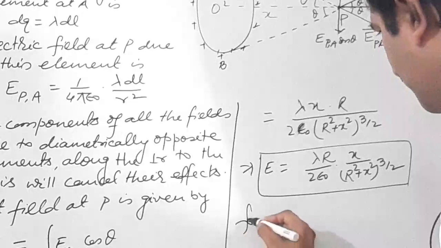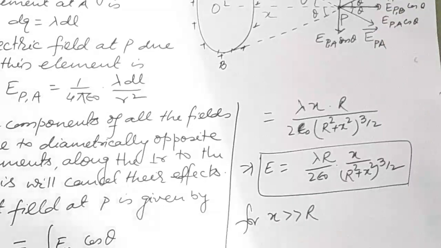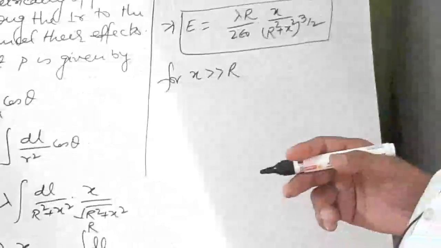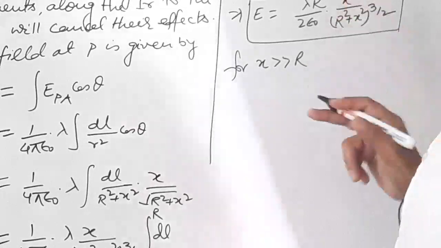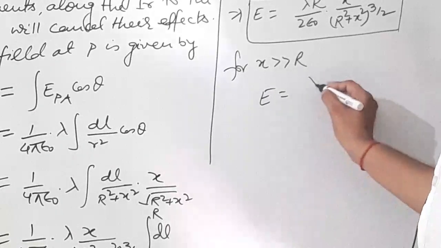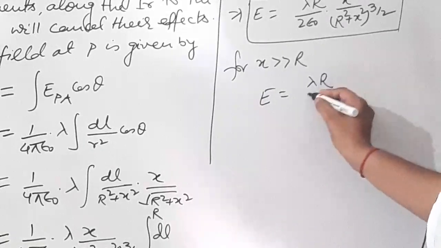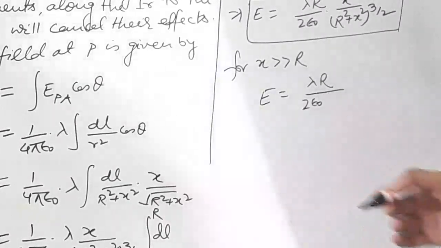For x very greater than r, means if P is at a very large distance from the center of the ring, then what will you write? R can be neglected and you will have E is equal to lambda r by 2 epsilon naught.